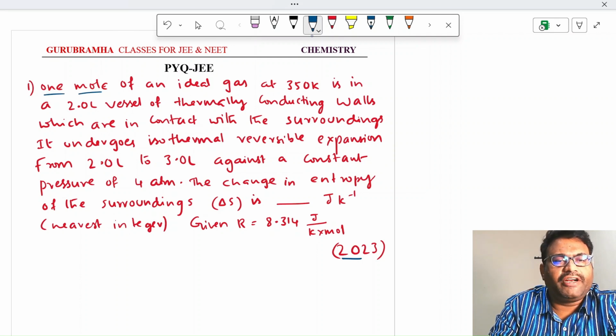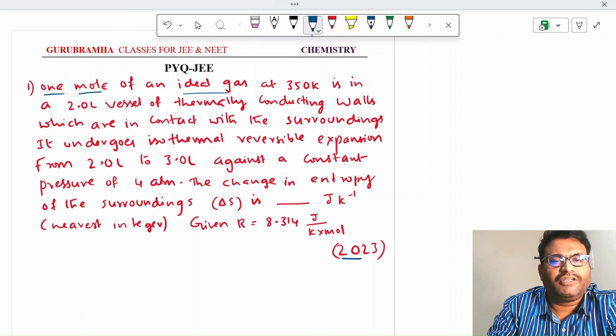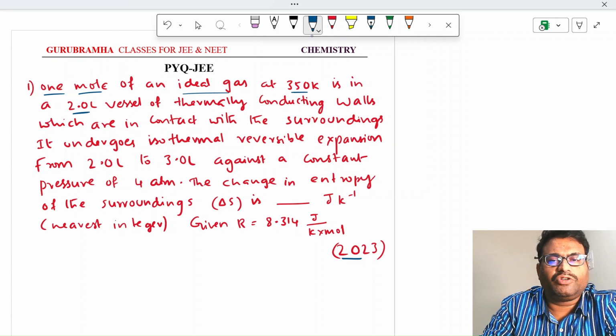1 mole of an ideal gas at 350 Kelvin is in a 2-liter vessel. So here you have an ideal gas.